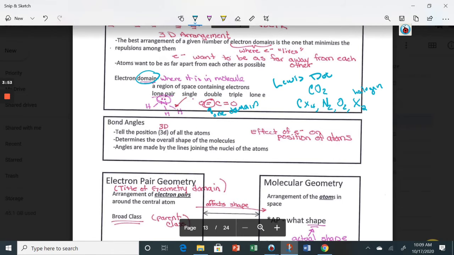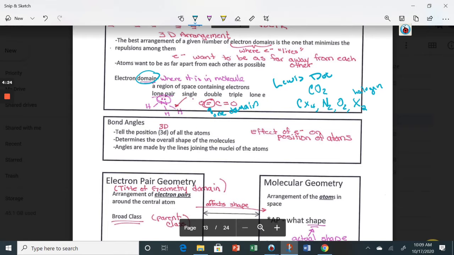So a domain, again, is a shared space of a bond, whether it's single, double, triple. It is where a lone pair of electrons can be, like on the top of nitrogen there you see a lone pair. It can be a lone individual electron because in some of the situations, nitrogen with oxygen, nitrogen only has 1 electron sitting on top of it, because that's how we do our Lewis dot. Whatever many remaining electrons are, they go on the center atom.